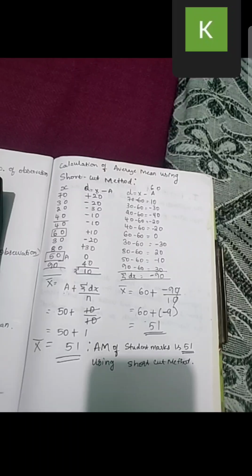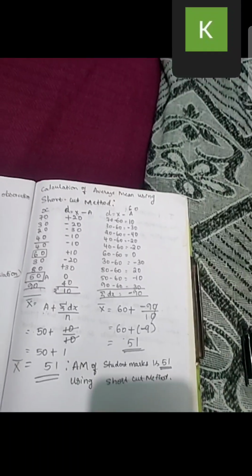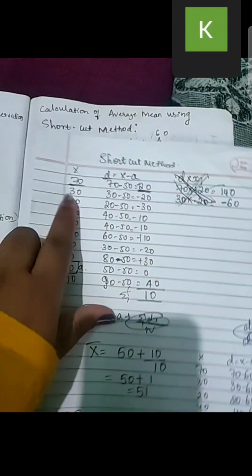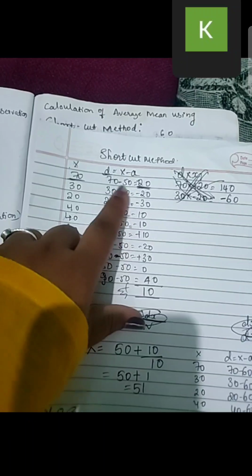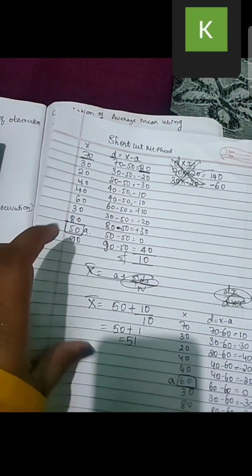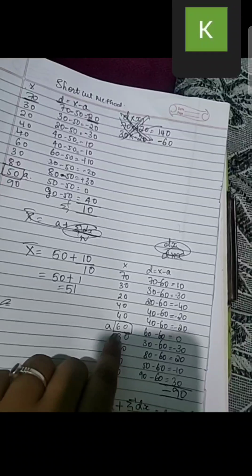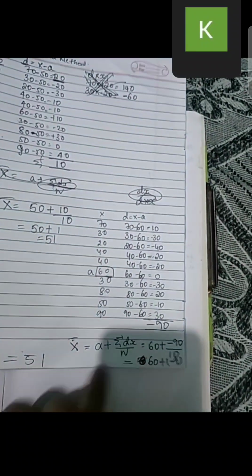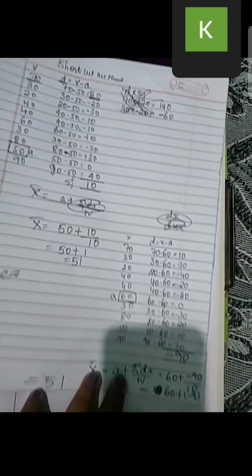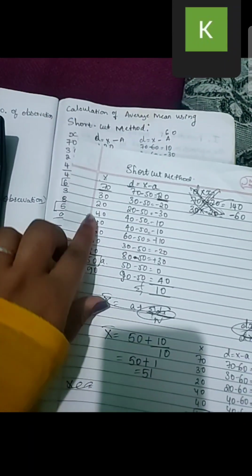I think in the last class, here we have taken an assumed mean and we have got the same answer. Here we have taken 60 as assumed mean. We have got the same answer. You can try from 40 also.